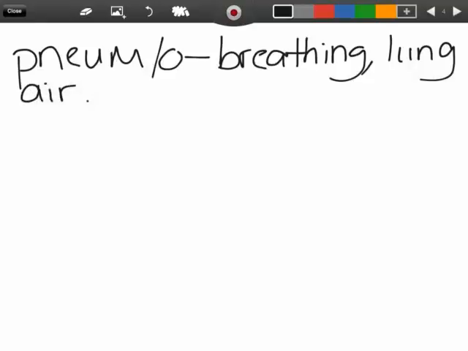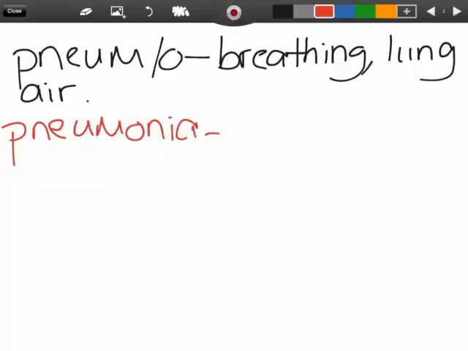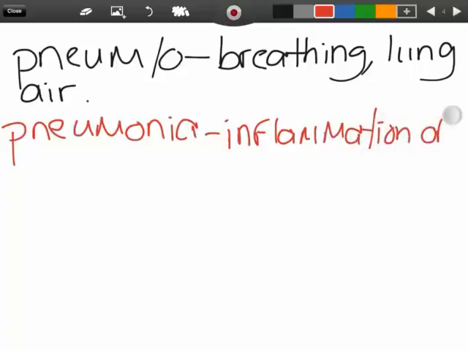I'm going to go ahead and give you an example word, which is actually a disease, and it's pneumonia. I'm going to go ahead and give you the definition, and that is inflammation of the lungs.